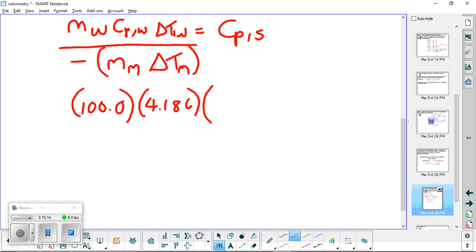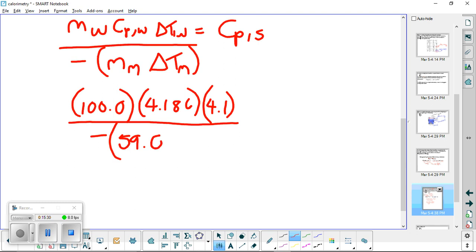Change in temperature of the water was the 4.1 degrees Celsius, all over minus the mass of the metal, 59.07, times the change in temperature of the metal, which was negative 72.